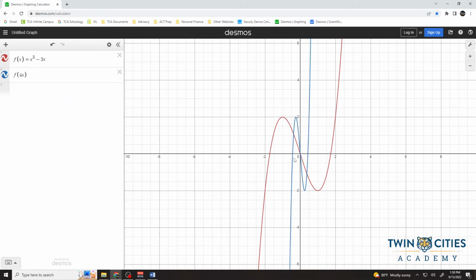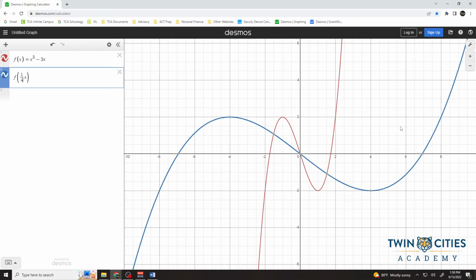So we see here, the red got squeezed in to now 1/4 of the distance. And if I did 1/4, now we see this stretches all of those points to 4 times the distance from 0 that it was before.